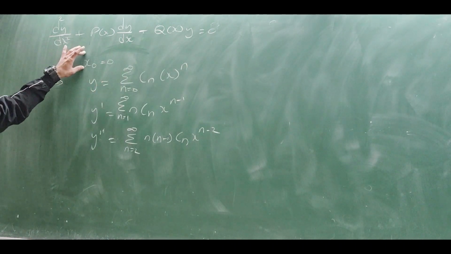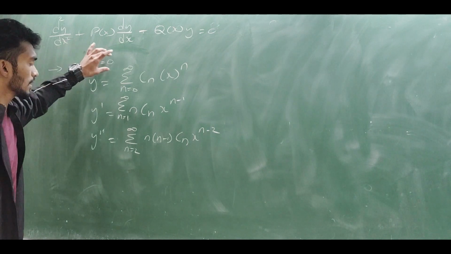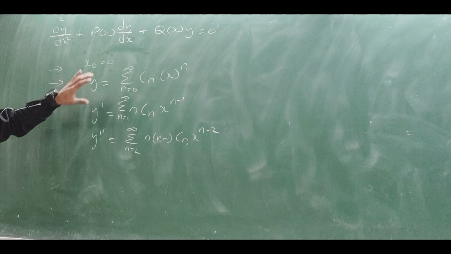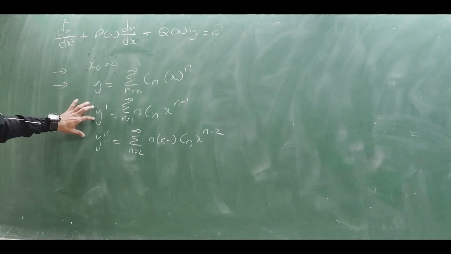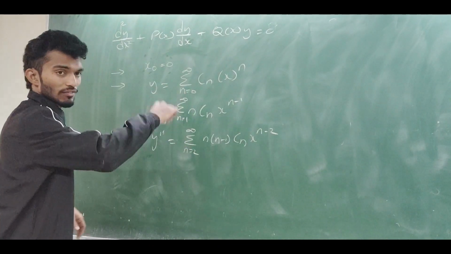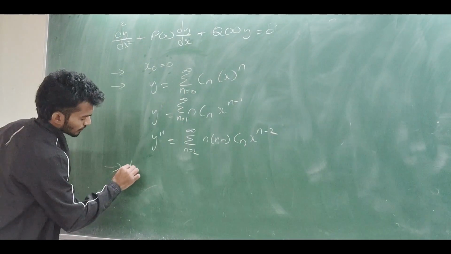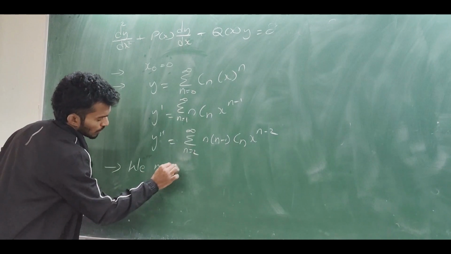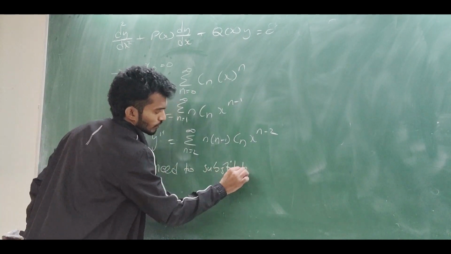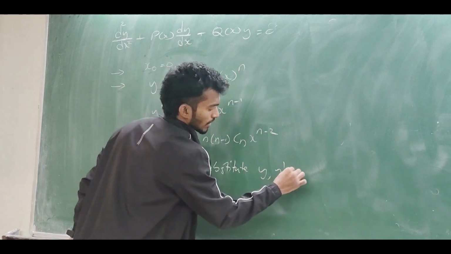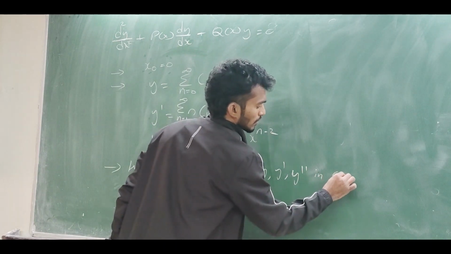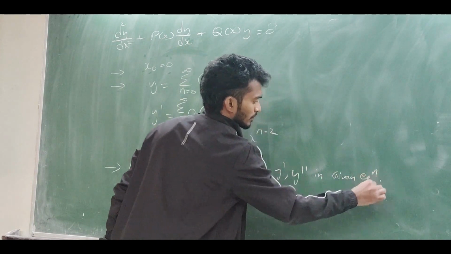So the first step is to check whether the given differential equation has the ordinary point 0. Secondly, we need to find y dash and y double dash. Thirdly, we need to substitute y dash and y double dash in the given differential equation, right?